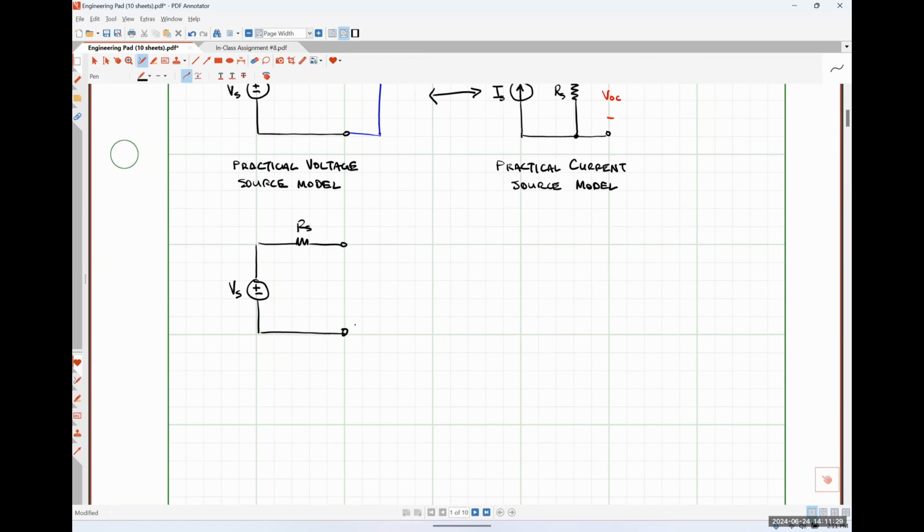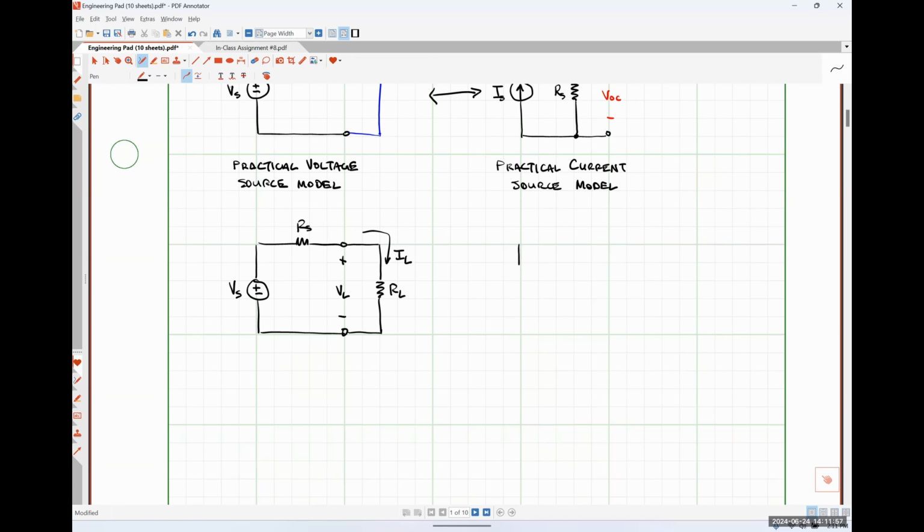And then across the terminals of the practical voltage source, I'm going to put a load resistance, RL. The value of these resistances do not matter at all. I'm going to define the voltage drop across my load resistance as this voltage VL, and the current flowing through my load resistance as this current IL.